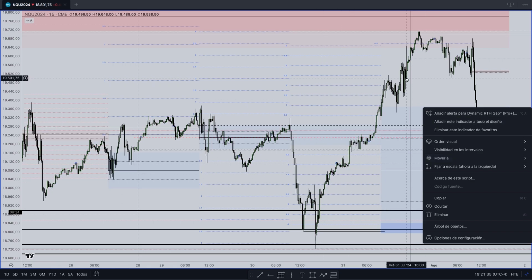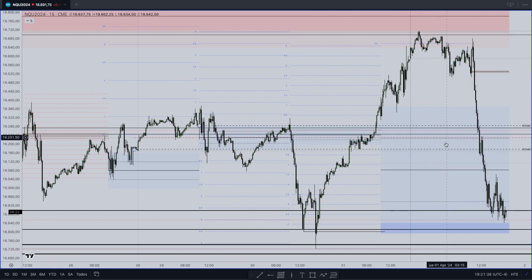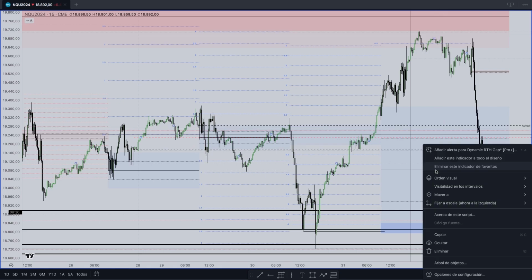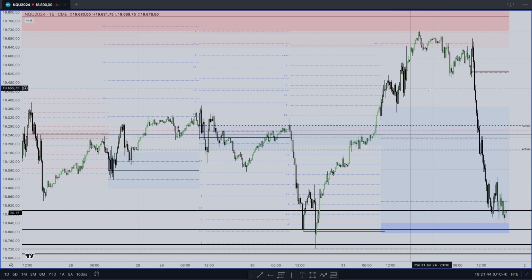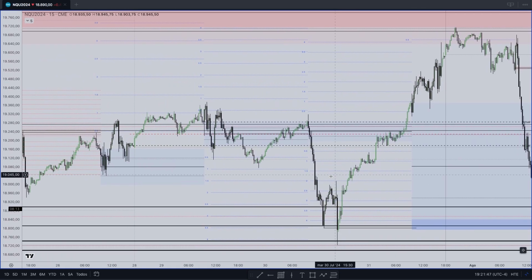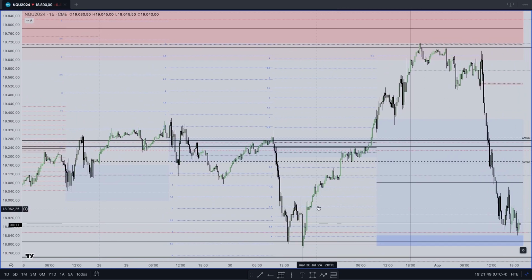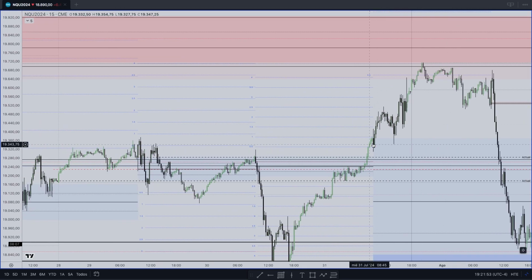So you can use on this tool trading, bringing to the top, and now you can see here. So all these overnight price action, they were moving higher at the opening of this day.